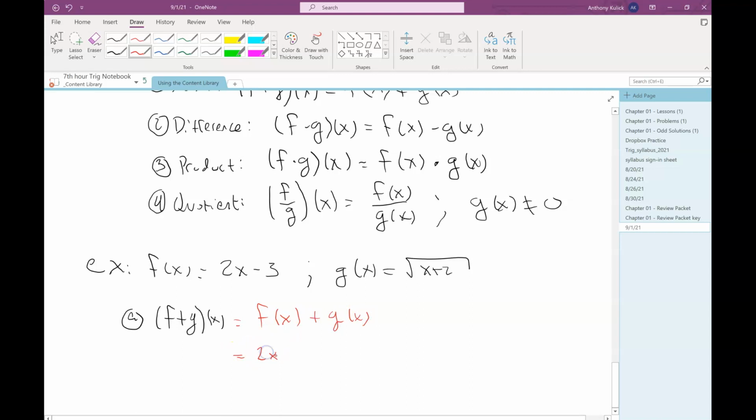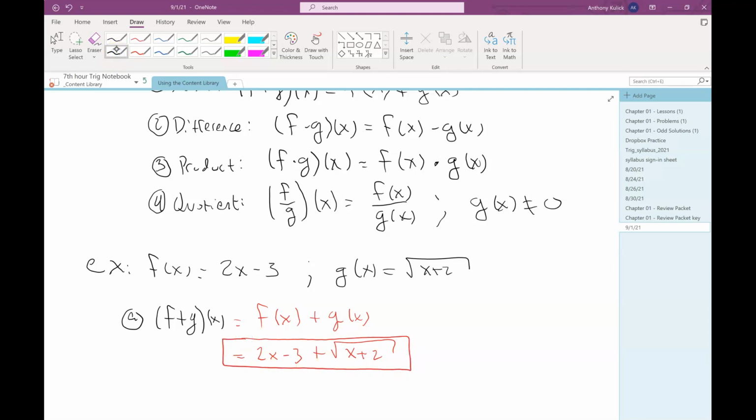In this problem, f of x is 2x minus 3, and g of x is the square root of x plus 2. And then all I'd be left to do at that point is to simplify things. But there's no like terms to combine, right? I can't combine things from underneath a radical with things that are outside of a radical. And constants and variables aren't like terms to combine, so this is just really as good as we can do. Everybody's okay there?